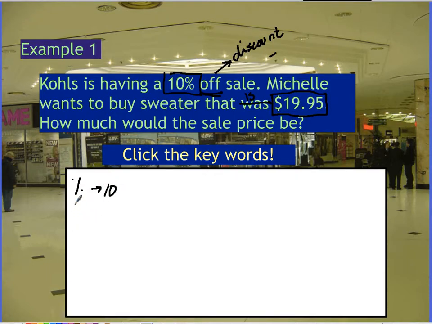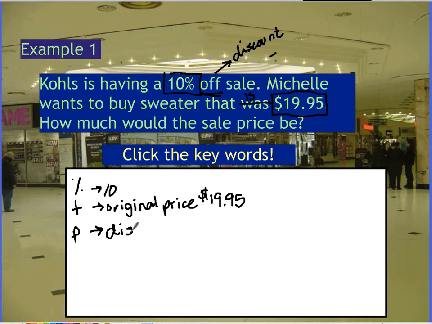Your whole or your total is going to be the original price of the sweater, and the original price is $19.95. And then your part is going to be your discount. So you know you get a 10% discount, but you want to know what that is in dollars. You want to know what that is for money. So your discount is your part, and that's what you're looking for.